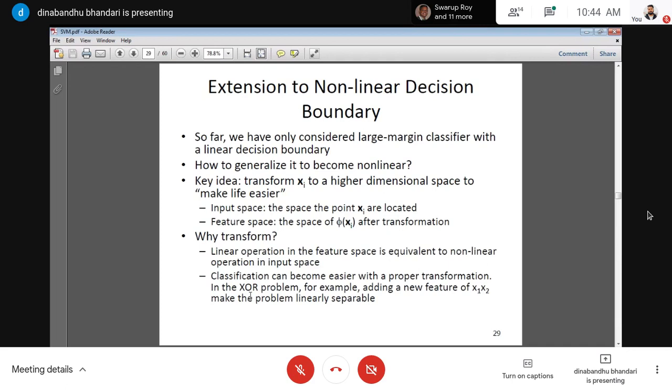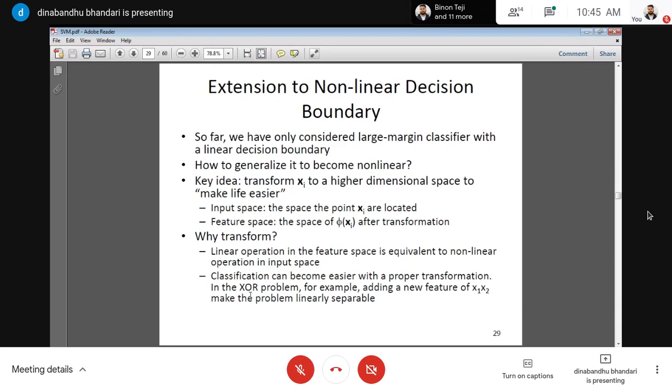In the lower dimensional space it may not be linearly separable, but in the higher dimensional space it would always be linearly separable. So maybe you have data in 2 dimensions. You can transform the data within 2 dimensions itself, or maybe you have to take the data to 3 dimensions, 4 dimensions, 5 dimensions. If required, we can take the data to infinite dimension, where it becomes linearly separable.